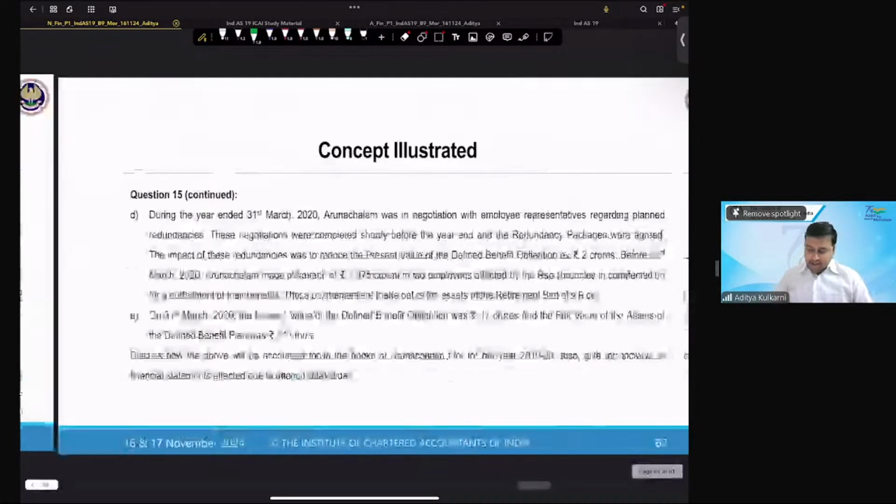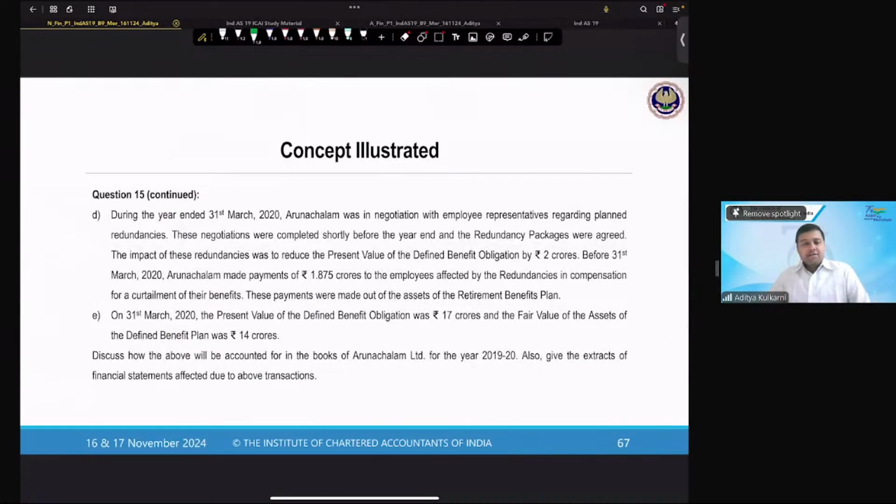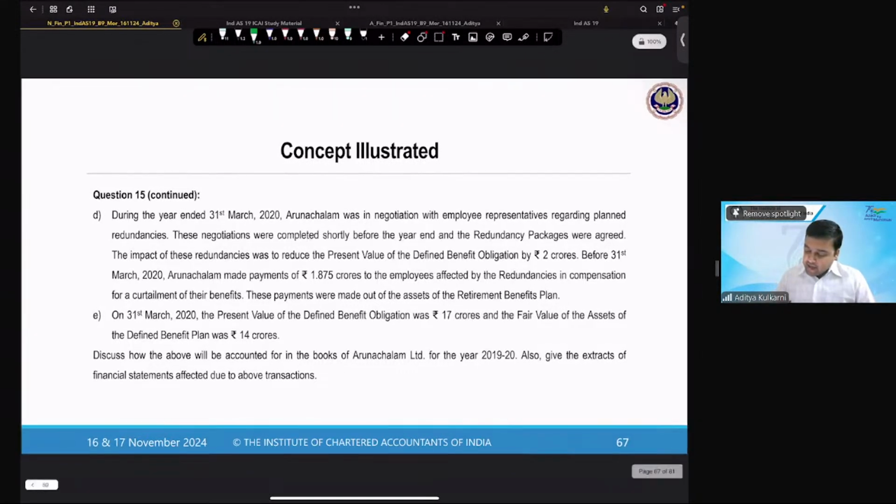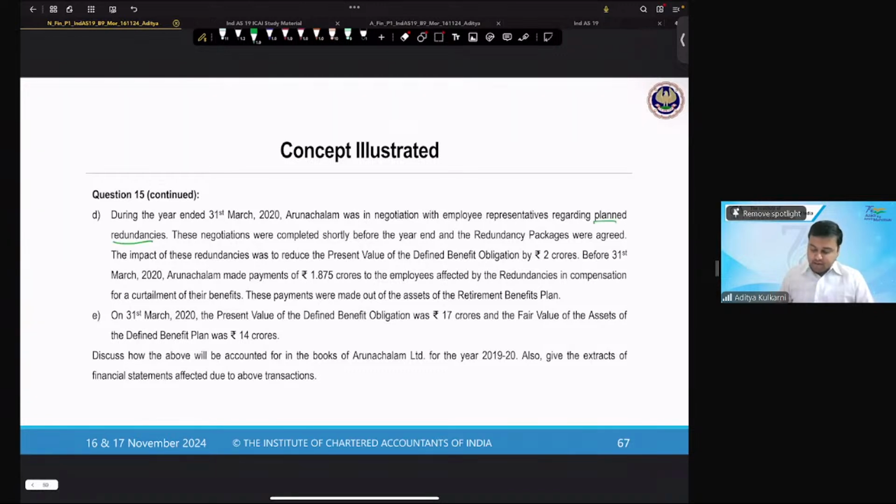Okay. Next. During the year ended 31st March 2020, Arunachalam was in negotiation with employee representatives regarding planned redundancies. These negotiations were completed shortly before the year end and the redundancy packages were agreed.